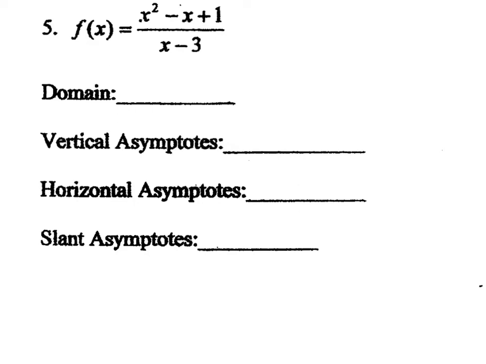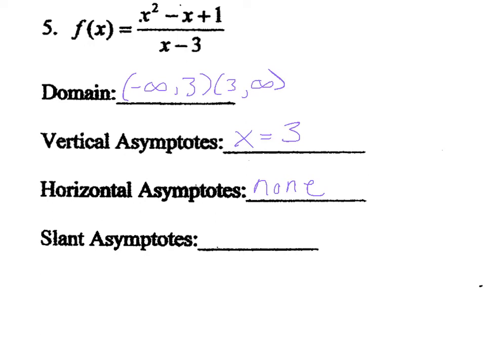For number 5, we cannot plug in a 3 into the denominator, so we will have a domain of negative infinity to 3 and 3 to infinity. And I will have a vertical asymptote at 3. In this case, I won't have any horizontal asymptotes since the degree on top is bigger than the degree on the bottom.